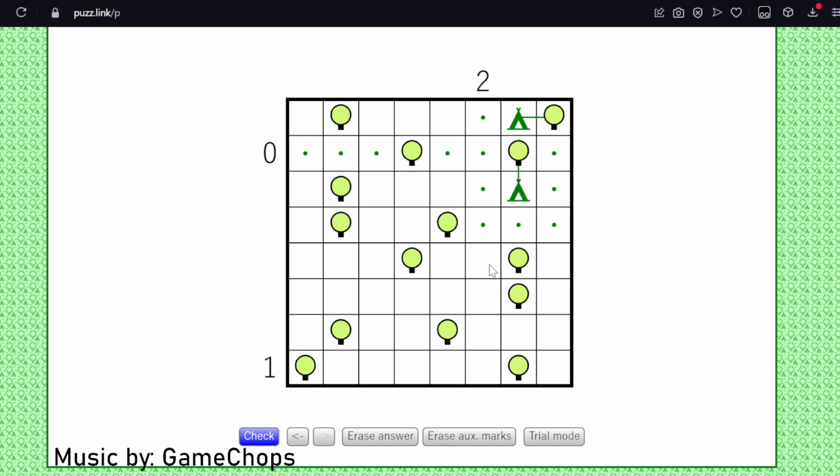Okay. Because tents cannot touch, I can say that one of these 2 cells is a tent, one of those 2 cells is a tent, and one of those 2 cells is a tent. What does that mean?